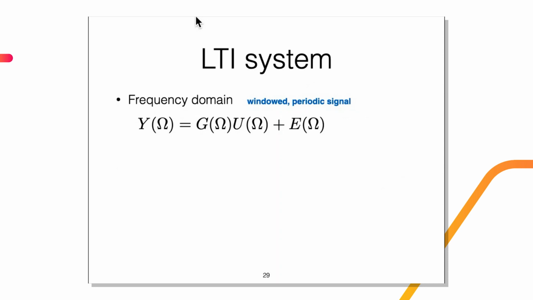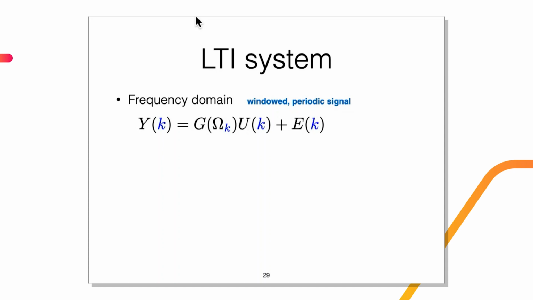In the frequency domain, the output is equal to G times U if the input signal is periodic. If the input signal is periodic and you apply a window which has the right length, equal to an integer number of periods, then you can show that you can replace the Fourier transform by the DFT.